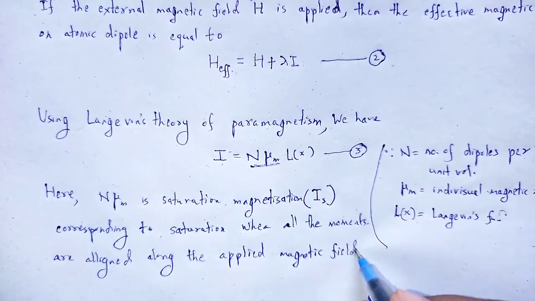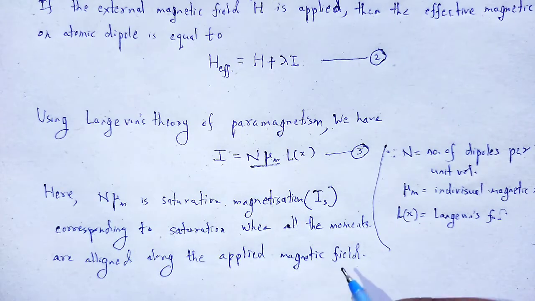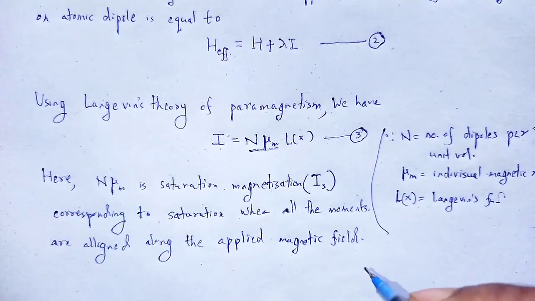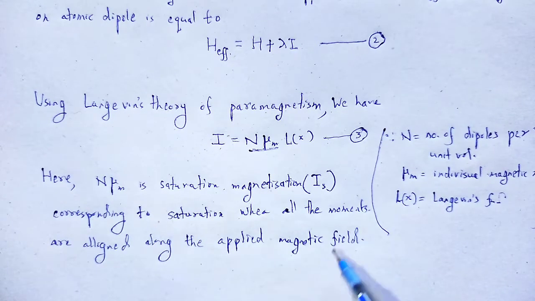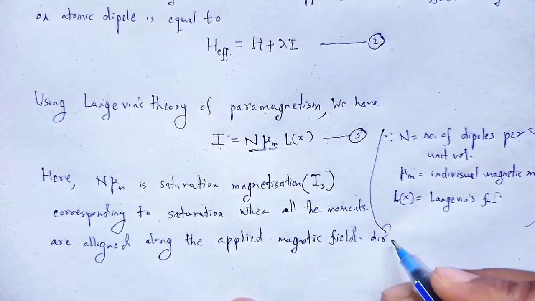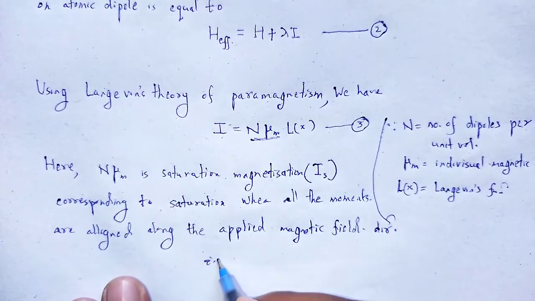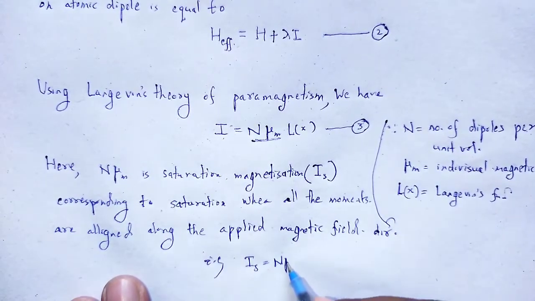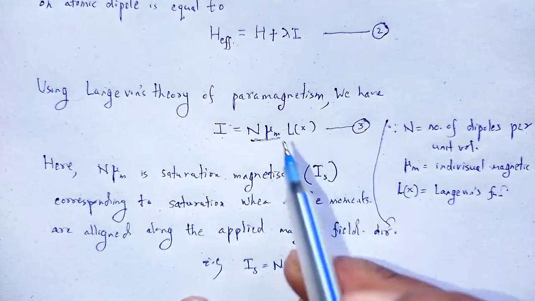Then the intensity of magnetization is saturated in the applied magnetic field direction, that is I of S is equal to N into mu m.